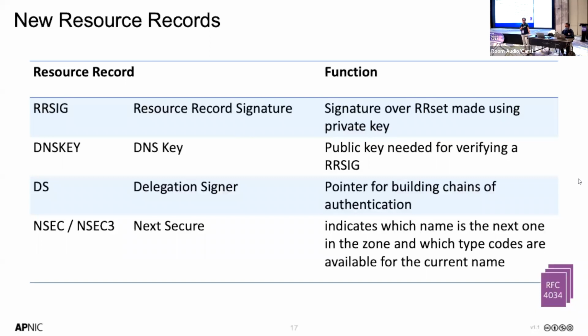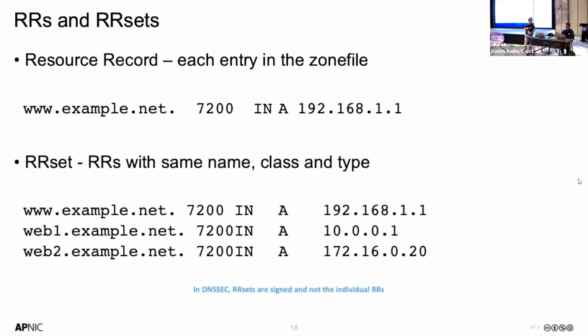RRSIG stands for Resource Record Signature. Maybe I'll go through the next one to explain that in a bit more detail. So in DNSSEC, actually, we're signing not individual resource records, but RR sets, or resource record sets. So think of a group of records, right, that has the same characteristics, so to speak.